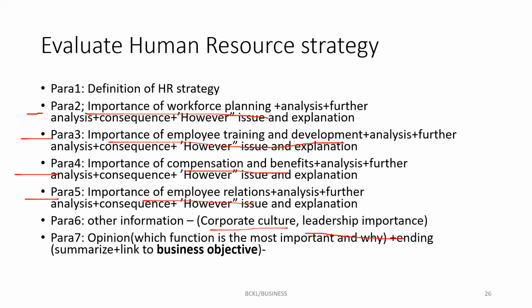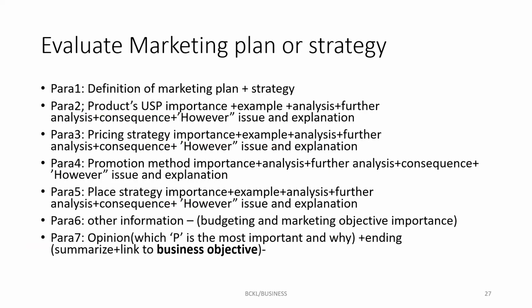Now 1 mark for evaluation, 1, 2, 3, 4. So I told you evaluation is 7 marks, isn't it? Now here you're getting 4 marks, so 1 mark will be here and 2 marks will be here, so it comes to 7 marks. Okay, so this is about the evaluation of the human resource strategy.